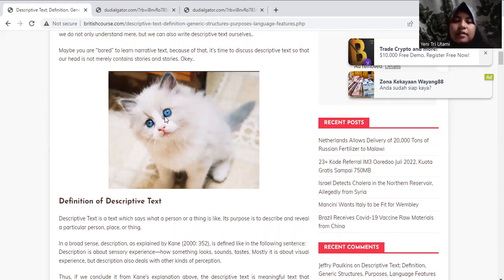Okay, the cat has blue eyes, and then the cat has white fur, and beautiful ears here, has four legs, and pink colored lips here, and this cat looks so cute and also beautiful.